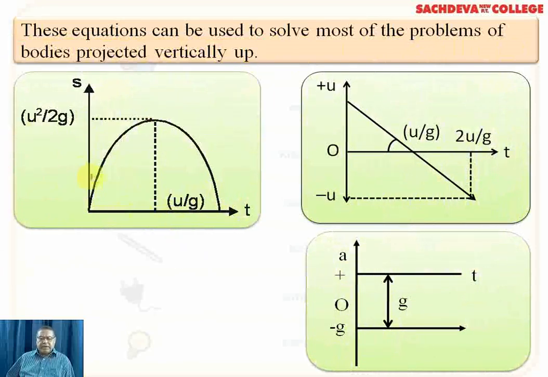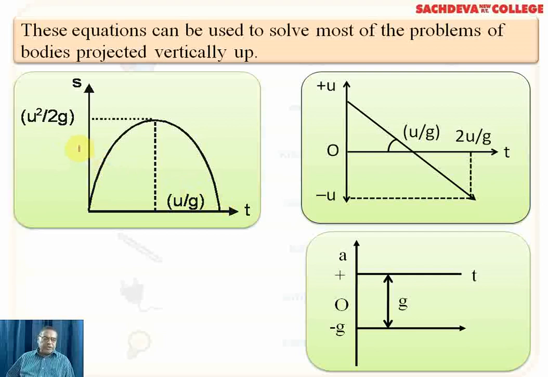Now, in the three graphs, the very first graph is the relation between s and t. It depicts the graph between distance and time. Distance is taken on the y-axis, whereas time is taken on the x-axis. If we apply the equation s = ut + (1/2)gt², we can get the value of s.